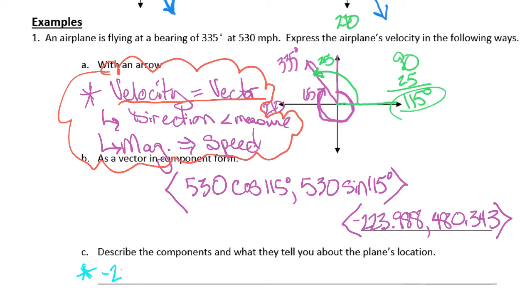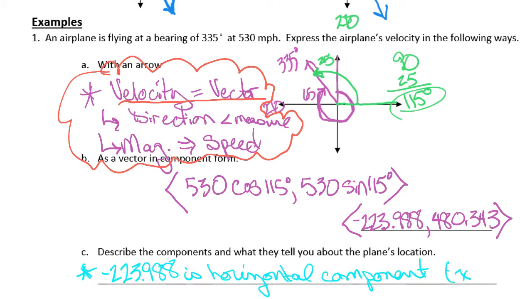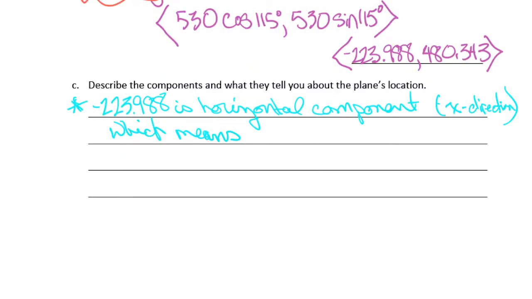So negative 223.988 is the horizontal component, and I'm just going to put in parentheses our x direction, which means it's traveling west.